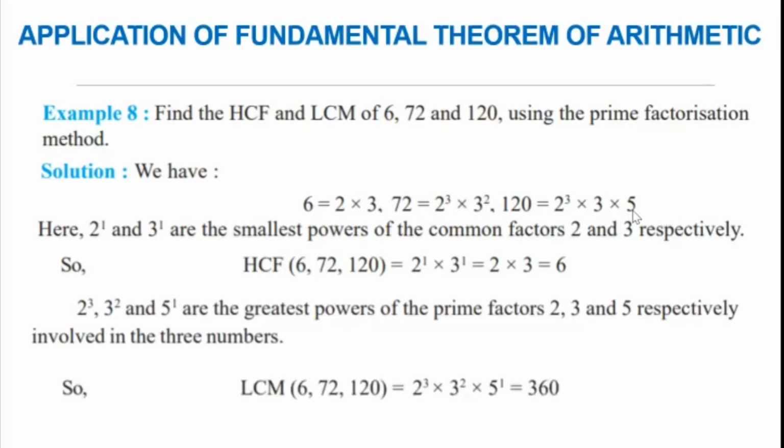So the LCM comes out to be 2 cube into 3 square into 5 raised to the power of 1, which is equal to 360. So remember, while finding out the HCF, I took the common factors and multiplied them using their least power, the smallest power. When finding out the LCM, I took all the factors and their greatest power. So for HCF, we take the smallest power. For LCM, we take the greatest power.